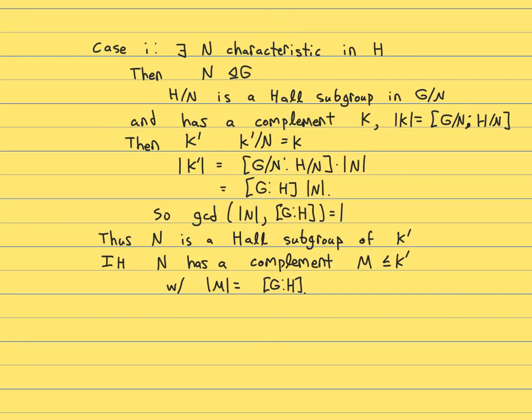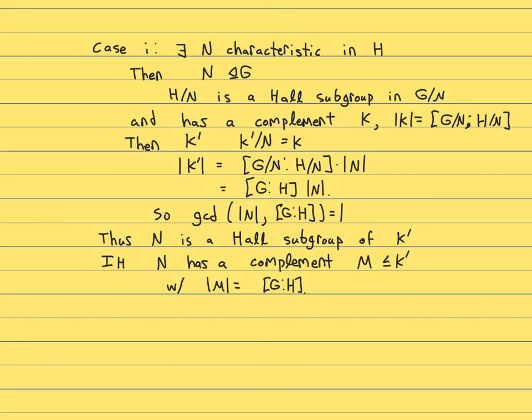I'm going to use this case to reduce ourselves to something very, very particular. The first case is that suppose there exists a subgroup N that is characteristic in H. Well, remember H is normal in G by assumption. So we've proven that this implies that N is normal in G.